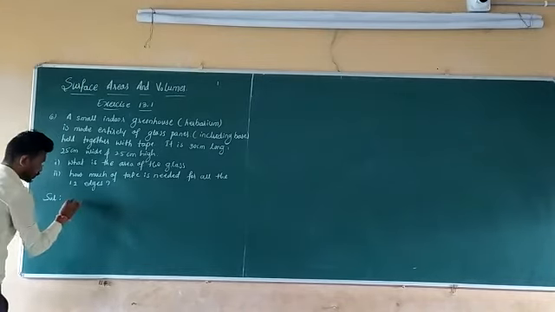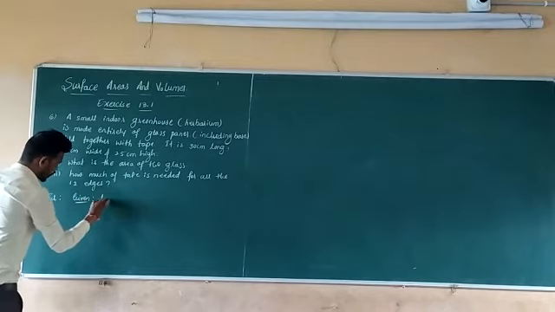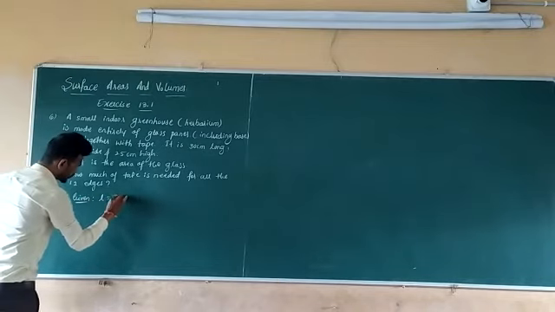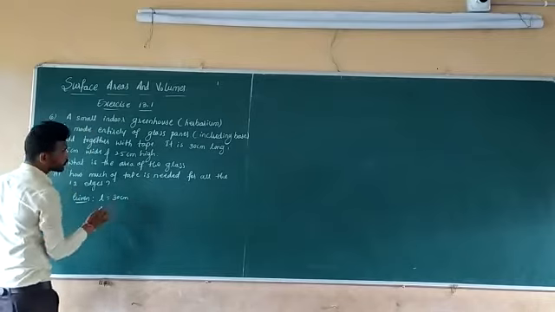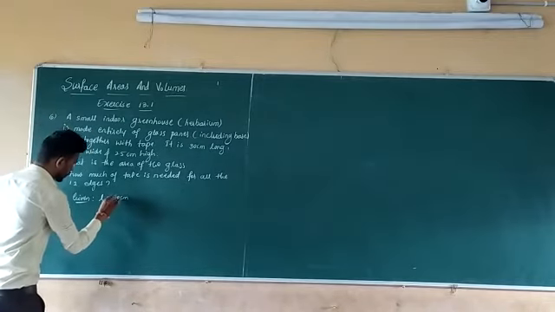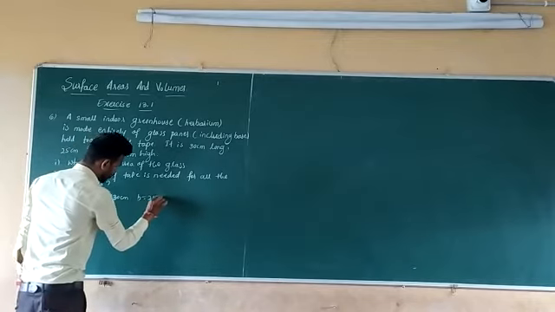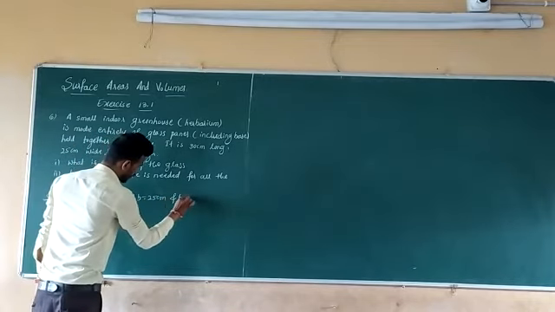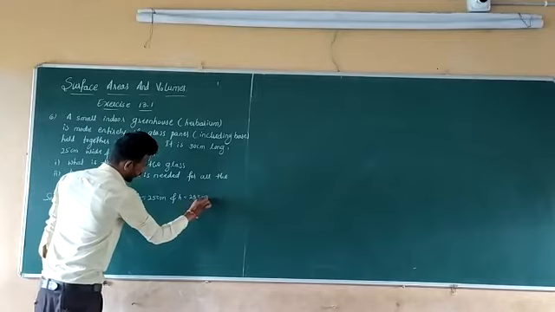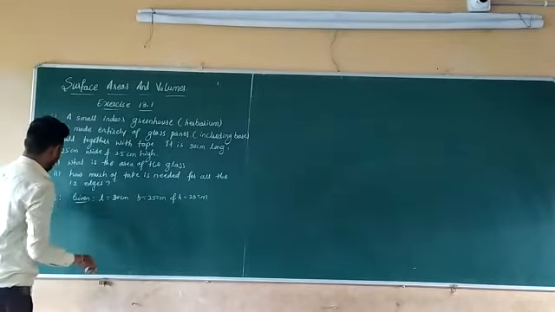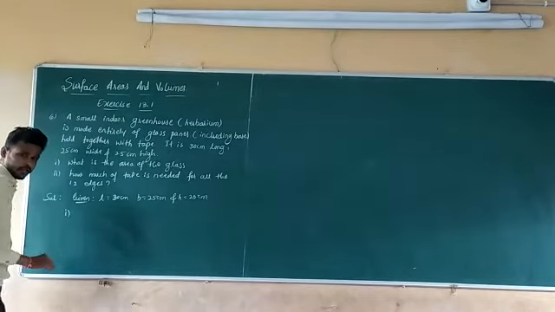So here first of all write the given. Length is equal to 30 centimeter, breadth is equal to 25 centimeter and height is also equal to 25 centimeter. Now first we need to find TSA of greenhouse.